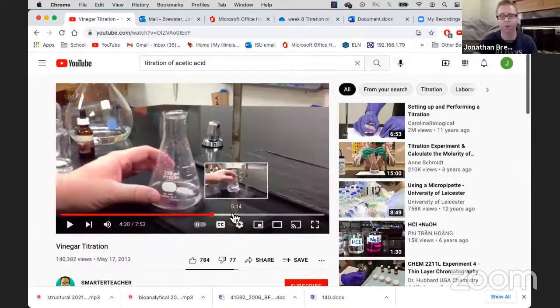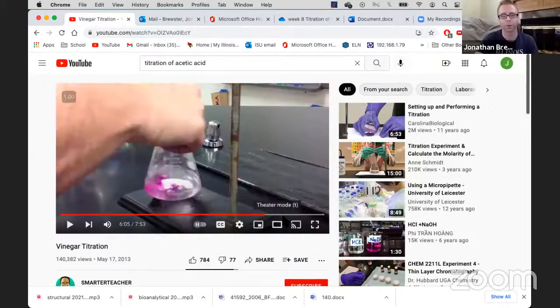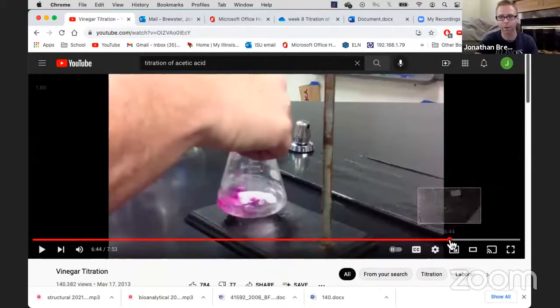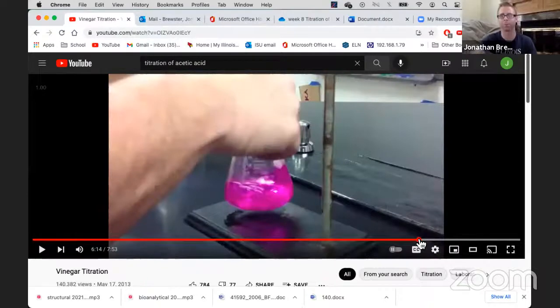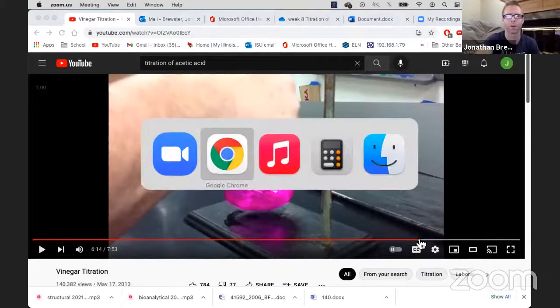We've used it before. It turns pink, really close to pH neutral. And so when you finally add enough in, boom, that's the color right there. And again, I'll share this video so that you can watch not just the color, but the whole process. And it goes through some of the calculations too.